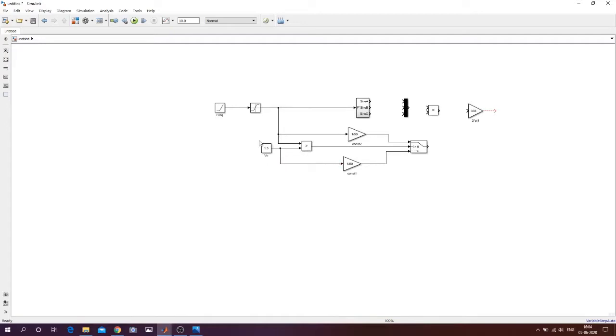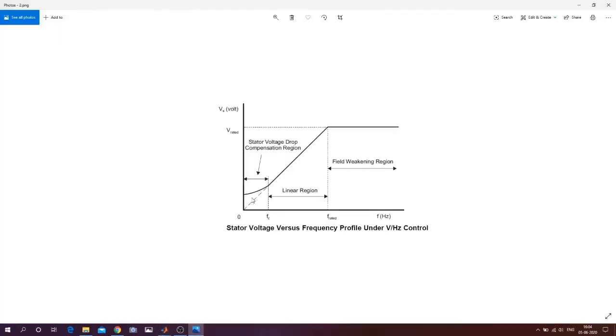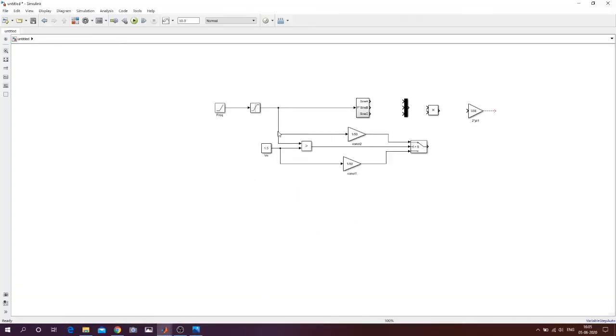It is still 1.5, as I have shown you, that you apply frequency from 0 only, but at that time also some voltage is there. So that is done over here. Now this three-phase sine wave should be multiplied with the voltage. From here we are getting the frequency.